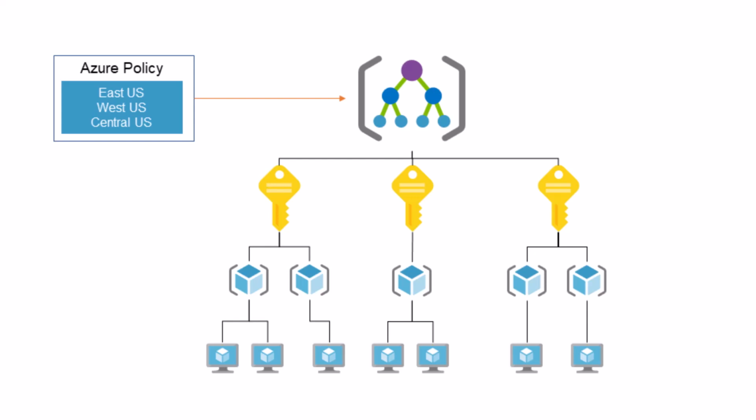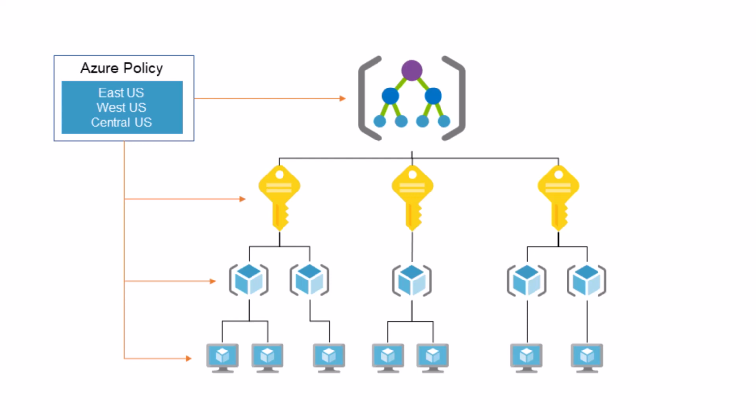That policy then gets applied to all management groups, subscriptions, and resources within that management group. What this does is ensure that VMs can only be created in the regions that you specify. It makes it a lot easier than creating multiple policies for multiple management groups, multiple subscriptions, and multiple resources. You set it at one level and it filters down.